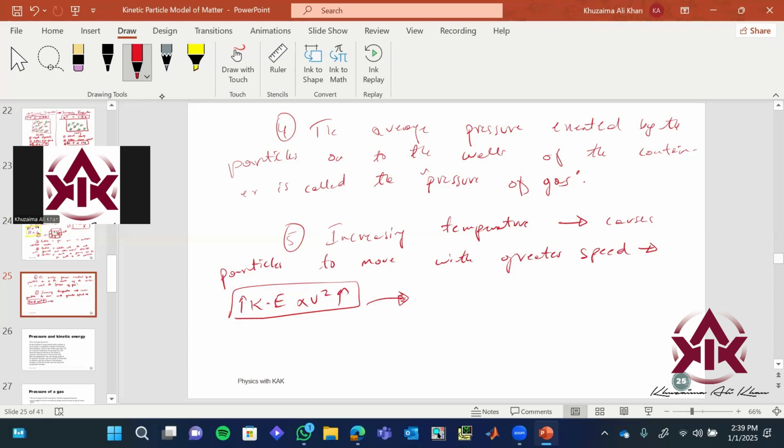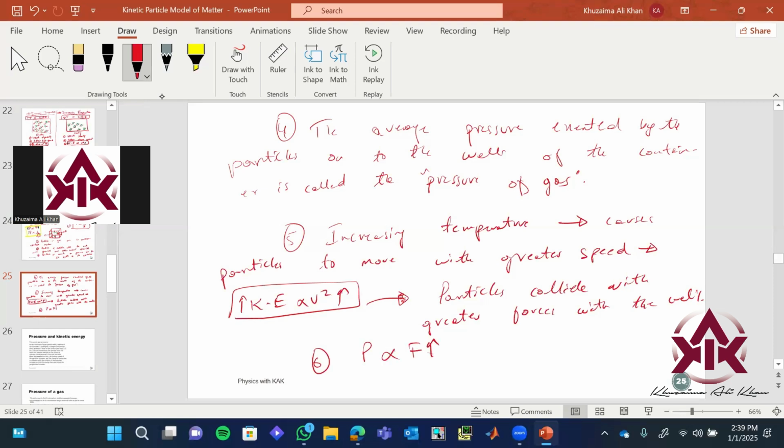So if a particle is moving at greater speeds, it will have high kinetic energy and the particles collide with greater forces with the wall, right? Again, pressure is directly proportional to force.